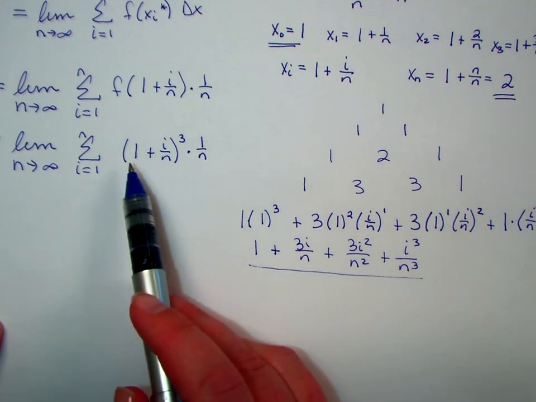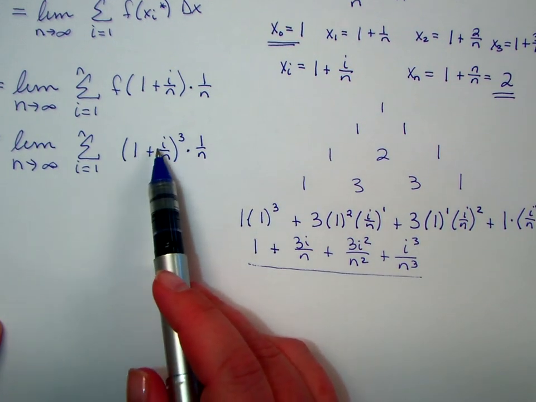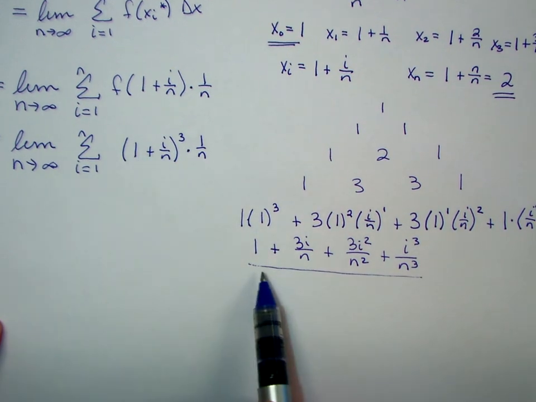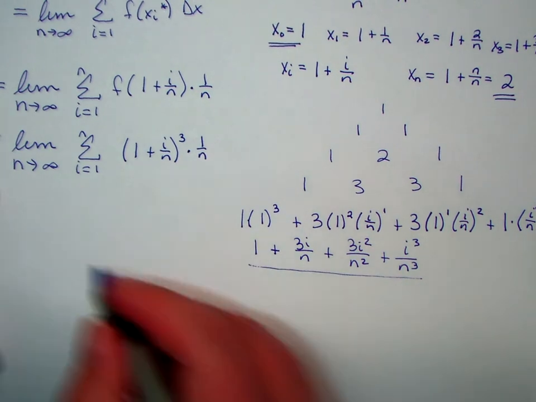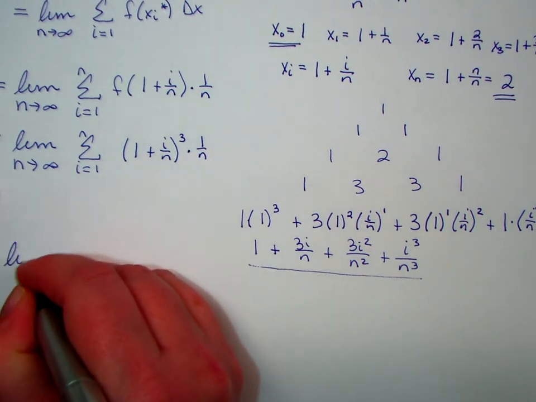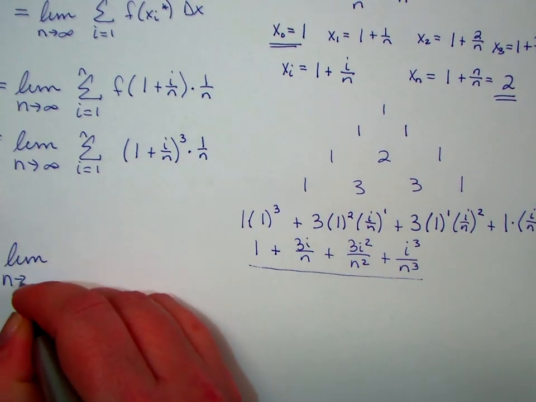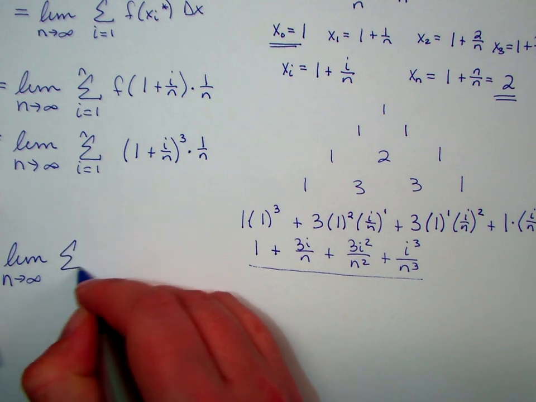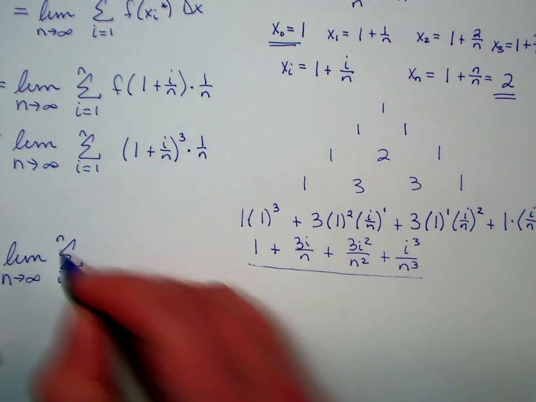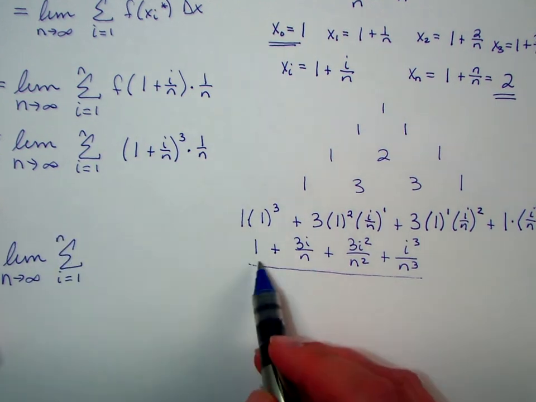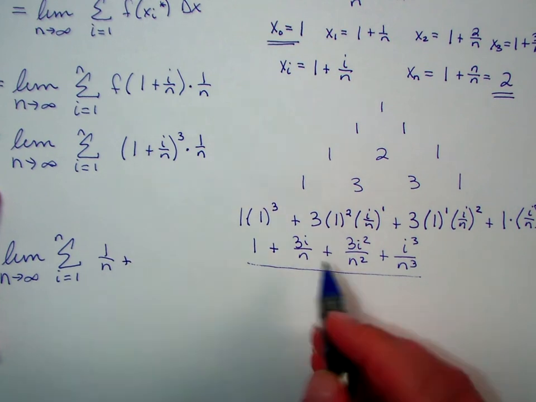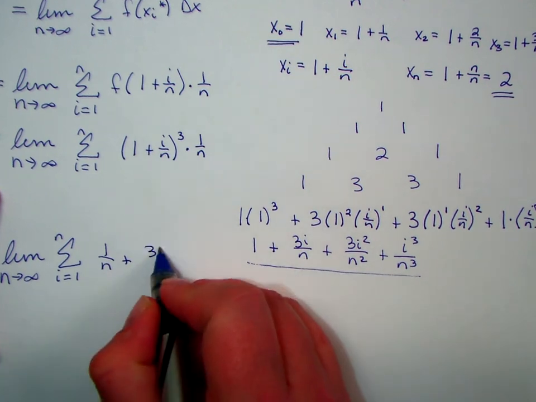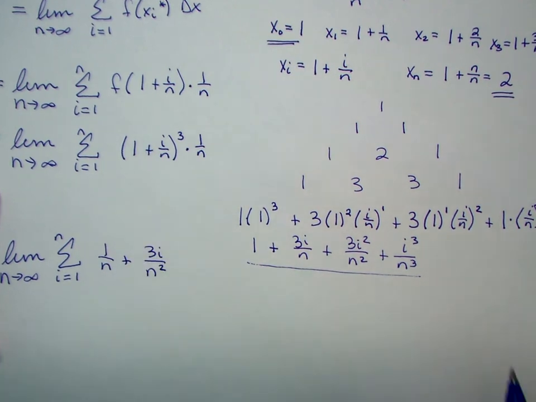So now what I need to do is multiply this polynomial here by 1 over n. So I'm going to do that when I write it down here. All right, so if I multiply 1 times 1 over n, I get 1 over n. If I multiply 3i over n by 1 over n, I get 3i over n squared.